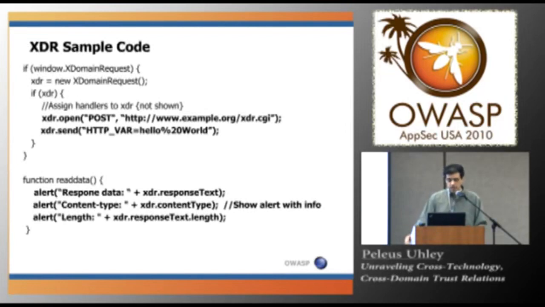So with XDR, what you would see in JavaScript is new XDomainRequest, XDR open, you can do a post, and you would send that information back, and then you would have a response event handler to catch the response when it comes back, and you could actually show the data which came back.